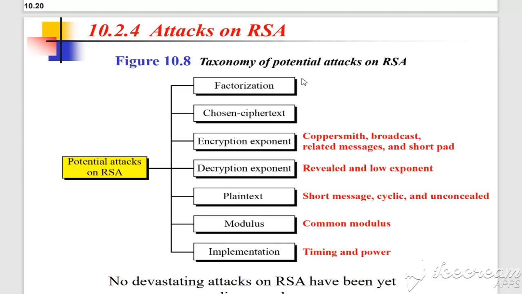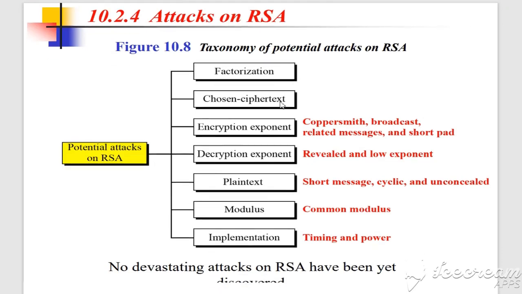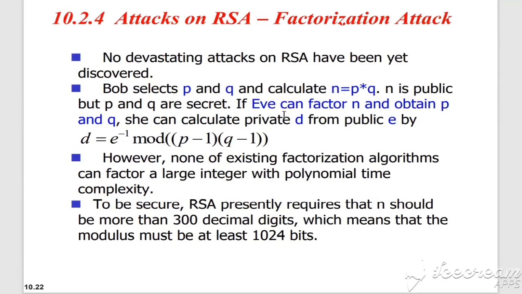Some of them are the factorization, the chosen ciphertext, the encryption exponent, the decryption exponent, and the plain text, modulus, and implementation attacks. Let us understand them one by one. Let us first understand the factorization attack on RSA.